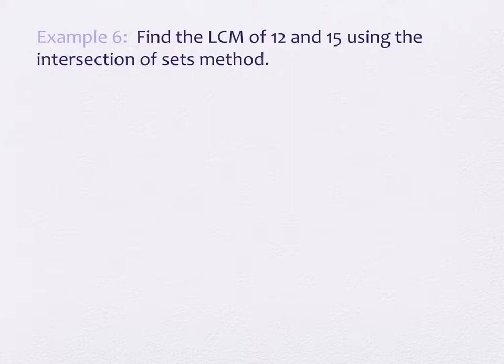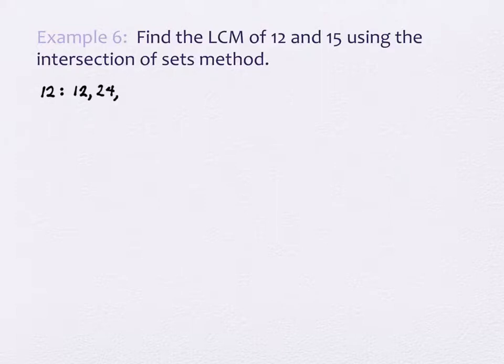We've got the numbers 12 and 15. So we're going to write out, if you will, the multiplication table for 12. Now, that one may be one that you know, right? It starts with 12, that's 12 times 1, and then what's 12 times 2? 24.